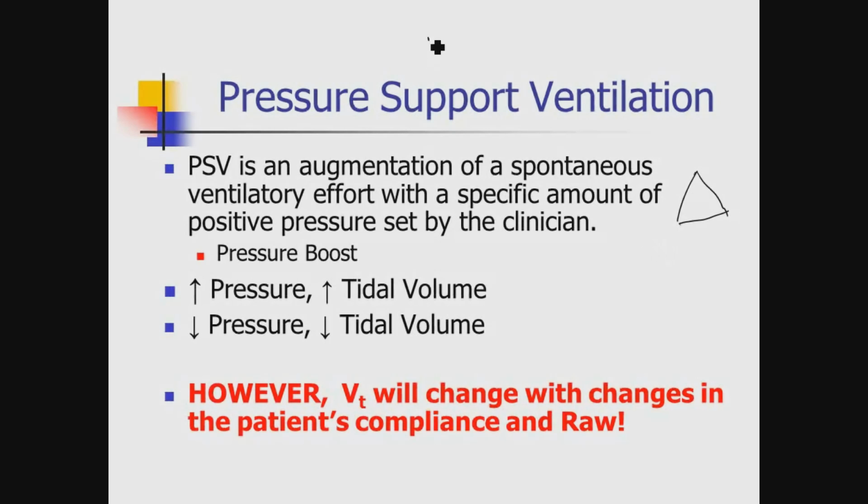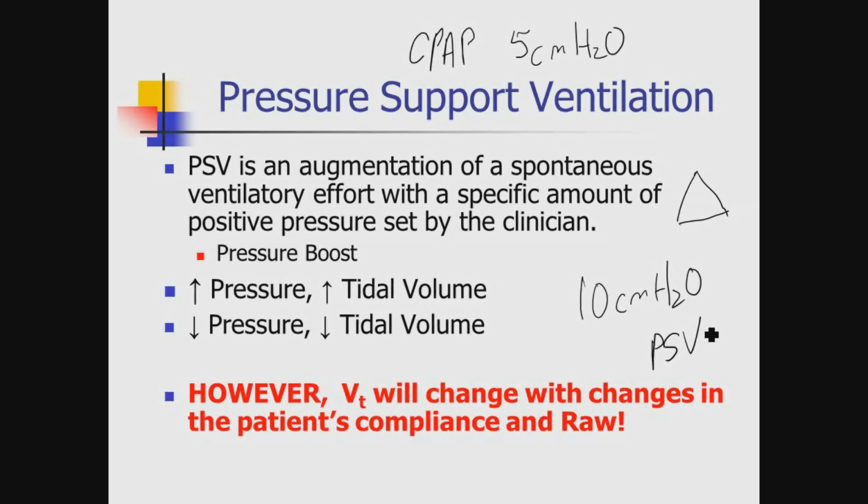Let's say I'm on CPAP or spontaneous, and I have that set at 5 centimeters of water pressure for Stacy, and I notice that small tidal volume. I can say, let's boost that tidal volume by adding 10 centimeters of water of pressure support.